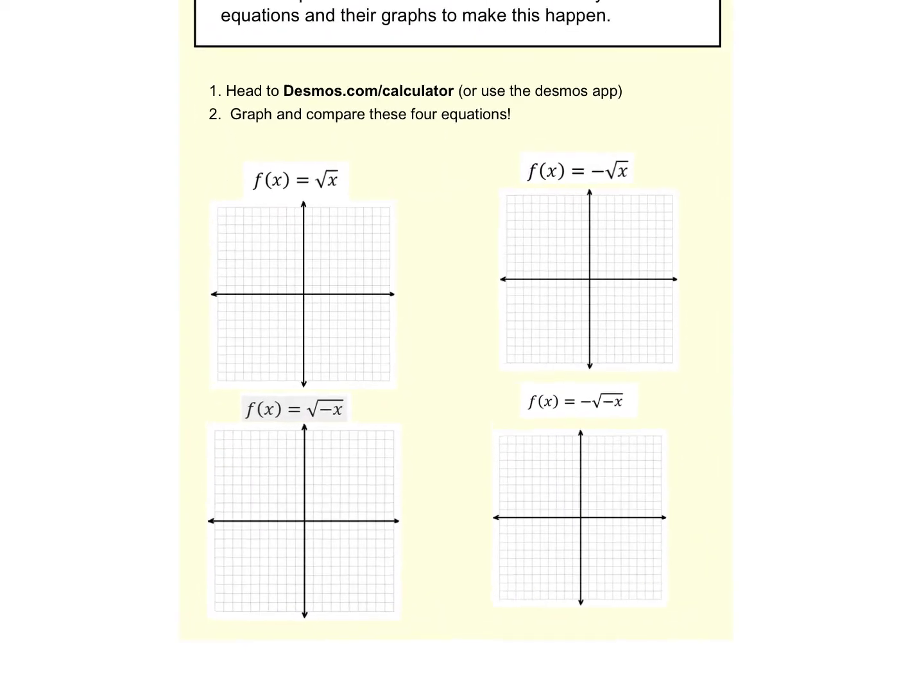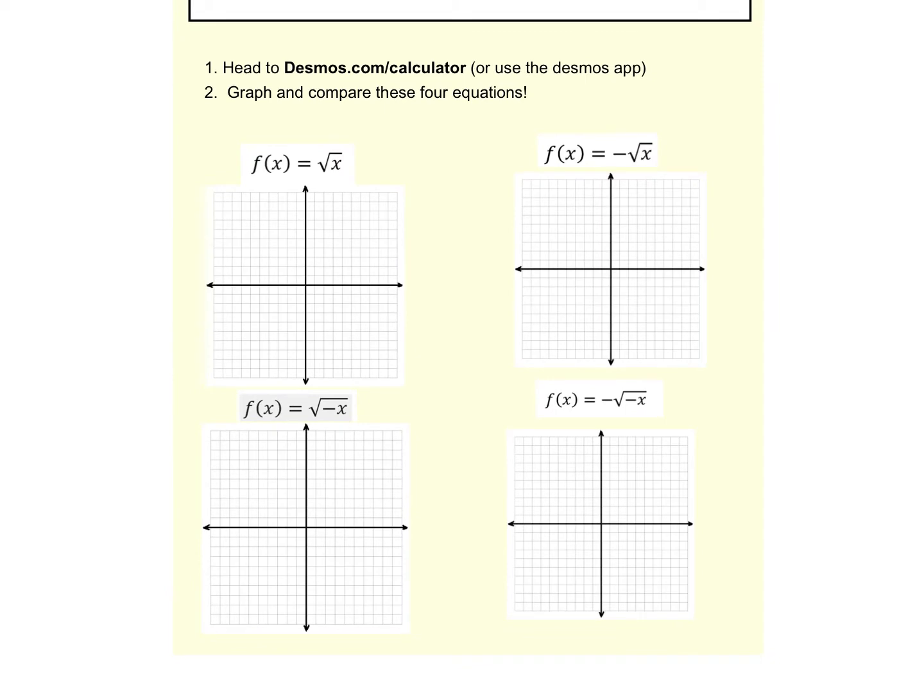So what I'd like you to do is open the Desmos app, or in a browser, you can head to desmos.com/calculator, and I want you to type in these four equations. See what happens with their graphs, compare them, see if you can notice any patterns. Pause the video, head to desmos.com/calculator, or use your Desmos app to graph these four equations. See what happens.